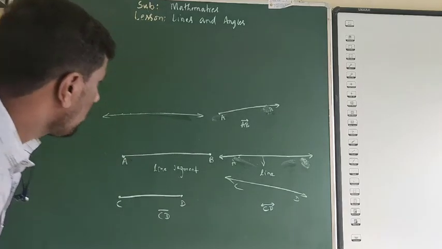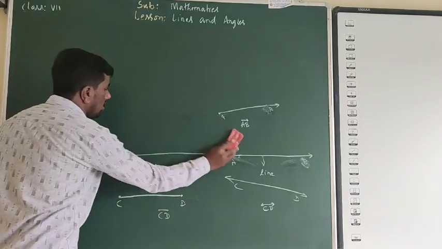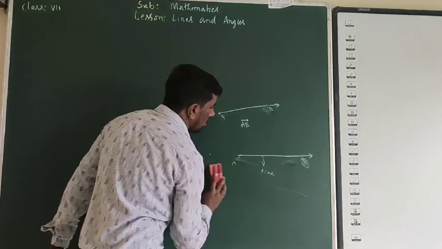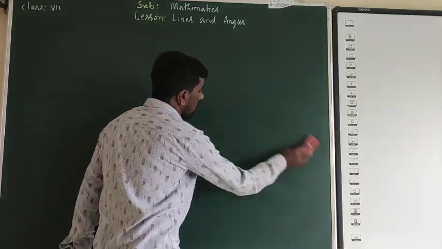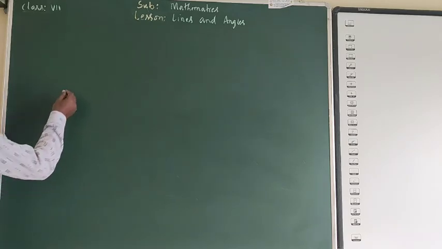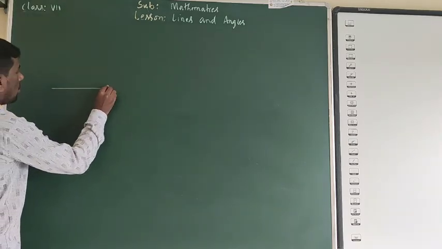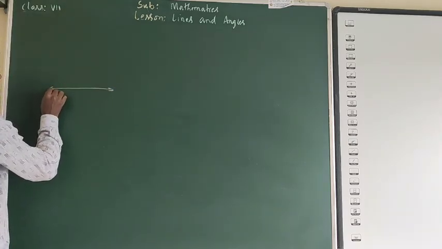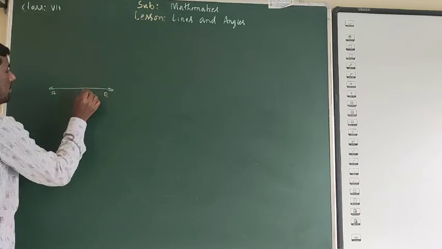So after this, we have intersecting lines and we have parallel lines. So this is one line, AB.